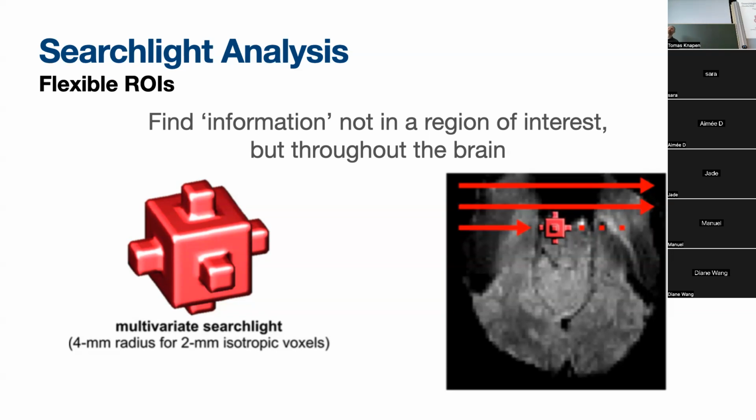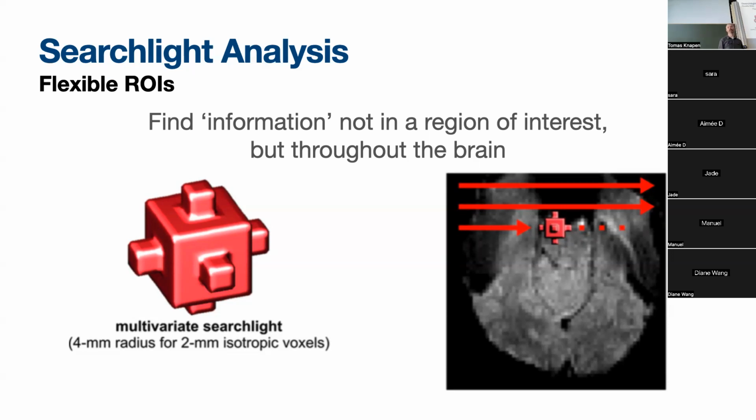If you don't really have a clear idea of what region of interest you would use, or you have a few regions of interest that you know a priori but you want to do a more exploratory analysis, to find, for example, somewhere in frontal cortex a region that shows some difference, then people use a searchlight analysis.